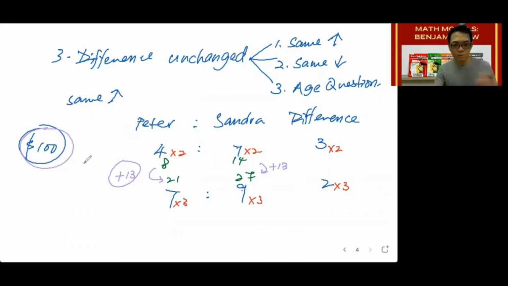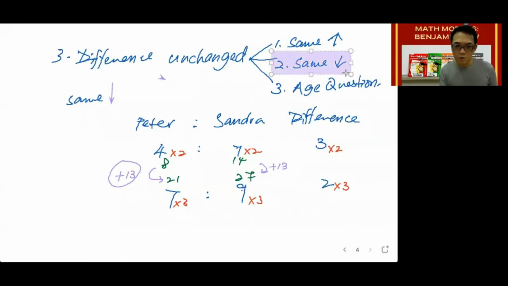I'm just giving you a random number. Okay, most likely they will give you a number here that's divisible, like for example, $26. Okay, so that's one type of question. A second type of question will be the same decrease. If the amount decreases by the same, that's the second type of question. What will it look like?